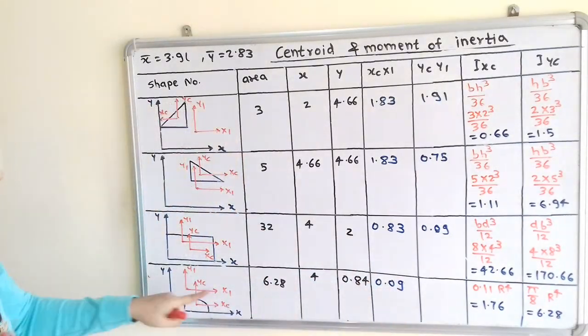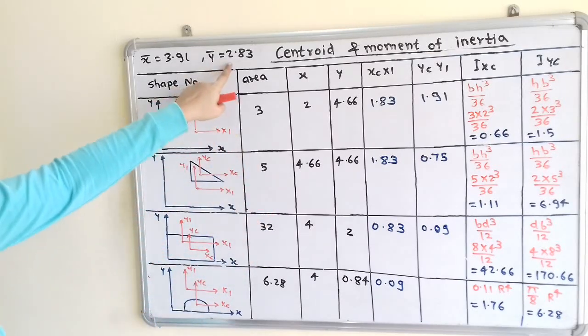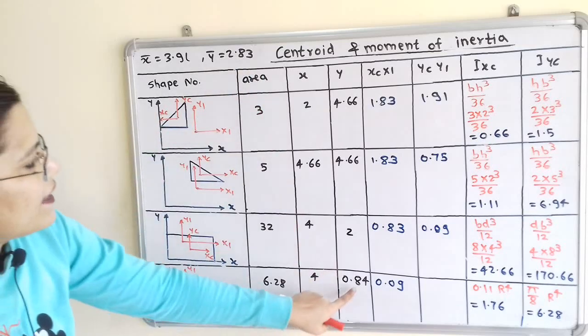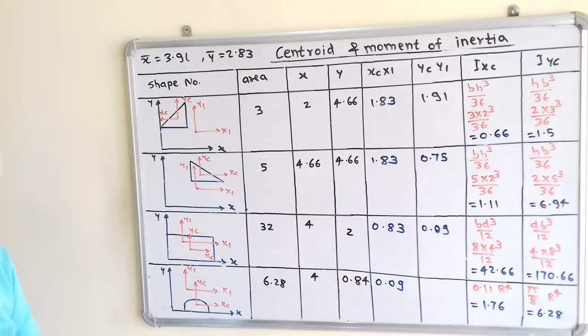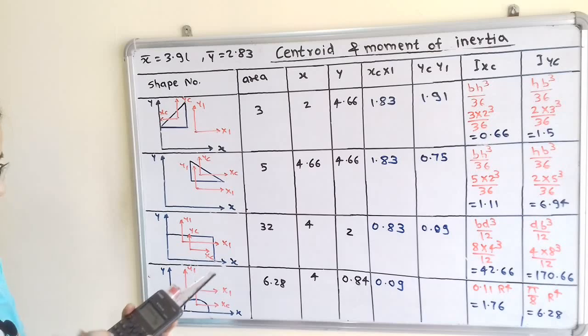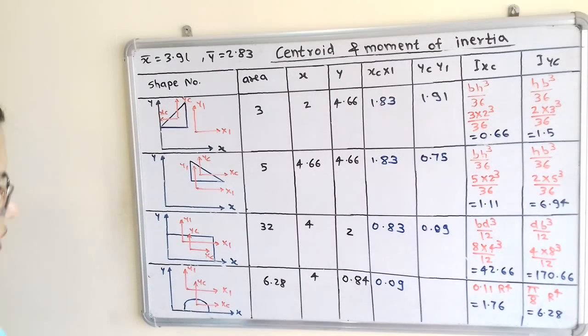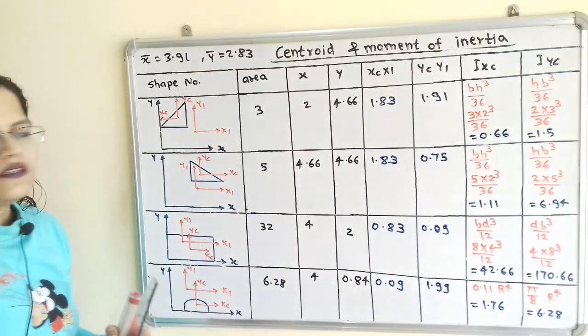Now how to find the difference between x1 and xc. So it is the difference between y bar and y. So 2.83 minus 0.84, which is equal to 1.99. So we have to mention here.